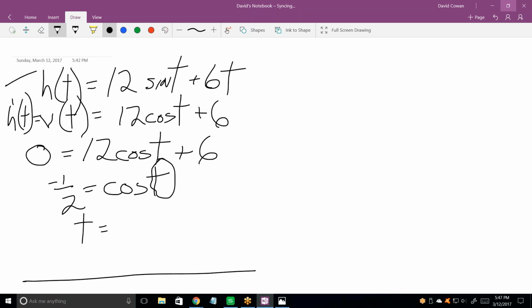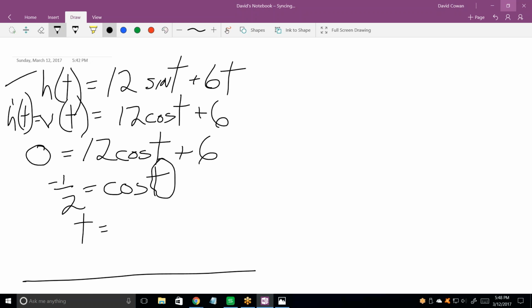It's on the unit circle. So, oh boy, let's see. 60 degrees would be the first quadrant angle, but it's equal to plus 1/2 there. So you got to go to the second quadrant angle to get that one.